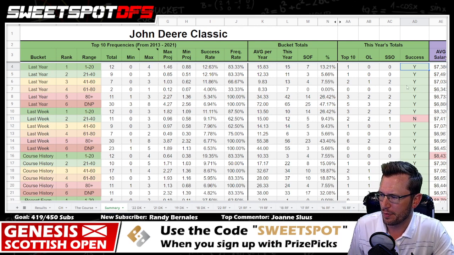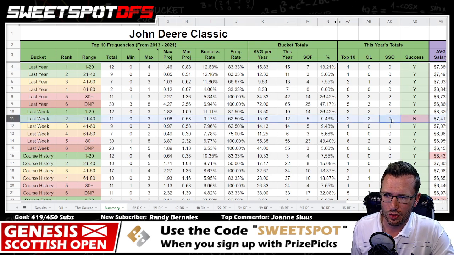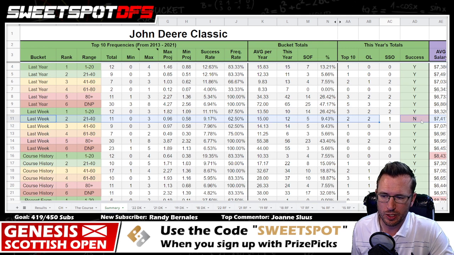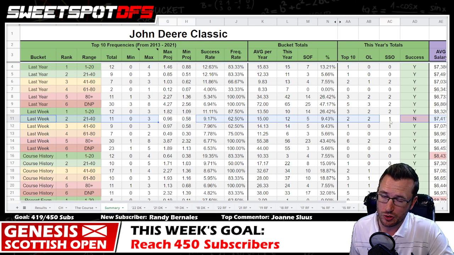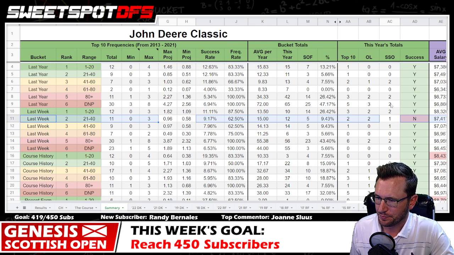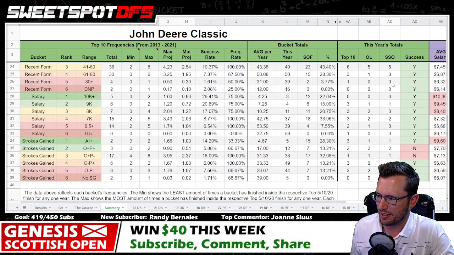And if we're being a little bit more honest here, this bucket here that failed, there was 1 in the sweet spot optimal. Now, I don't include that in the formula that makes it a yes or a no, but this one, my projection was 0 to 1 from that bucket. So the sweet spot optimal, that hit. And when I go through all the rest of these, all of the other buckets actually hit as well in the sweet spot optimals, I think except for the strokes gained buckets that I have down here.